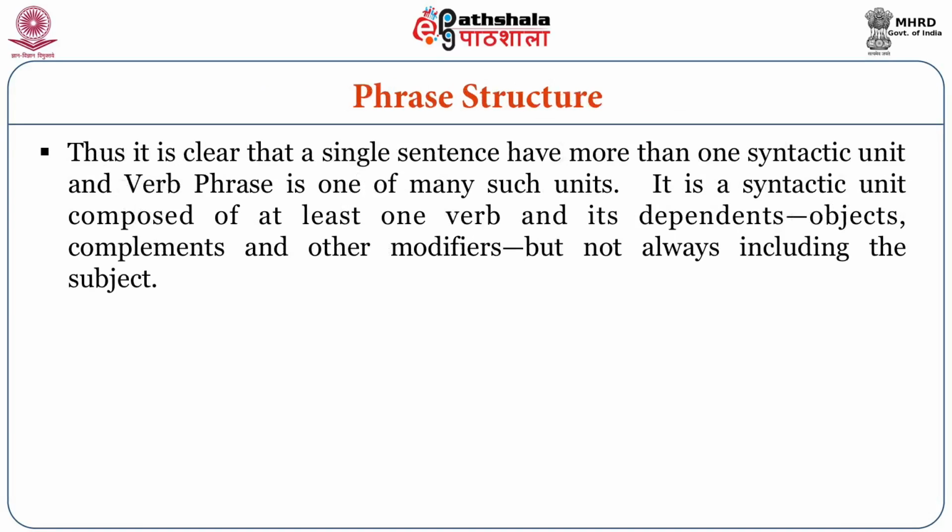Thus, it is clear that a single sentence has more than one syntactic unit, and verb phrase is one of many such units. It is a syntactic unit composed of at least one verb and its dependents, objects, complements, and other modifiers, but not always including the subject.